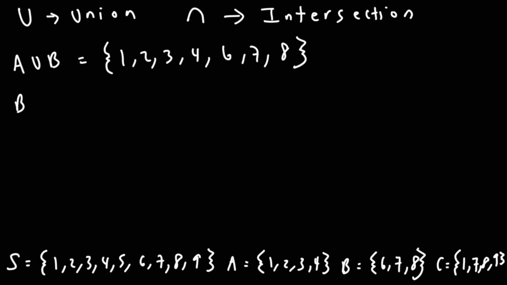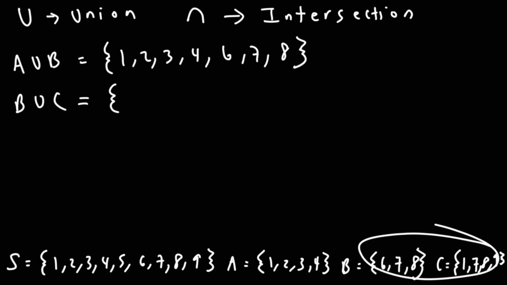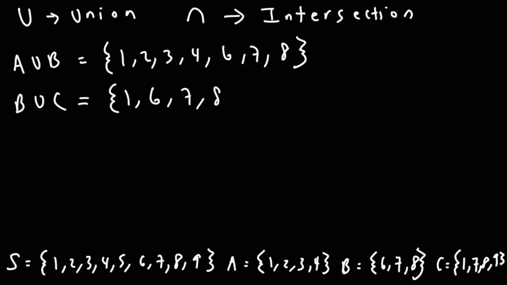Now, let's say if we want to find the elements of when B is in union with C. So all we need to do is combine these elements, and we're not going to repeat any element twice. So it's 1, 6, 7, 8, and 9. If we want to find the intersection of B and C, they intersect at 7 and 8.